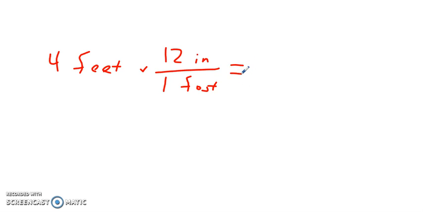And then the feet units cancel out, so you get 48 inches. Sometimes you'll have the 12 inches on top, sometimes at the bottom. It depends on which way you're converting. So your goal is just to always make the one unit cancel out. Since this one had feet in the numerator, because I can think of that as 4 feet over 1, for my conversion fact, I had to say that the 1 foot goes in the bottom, and that way the feet units cancel out.